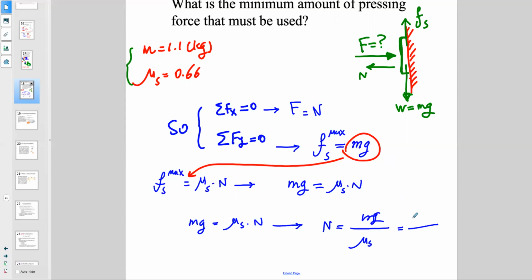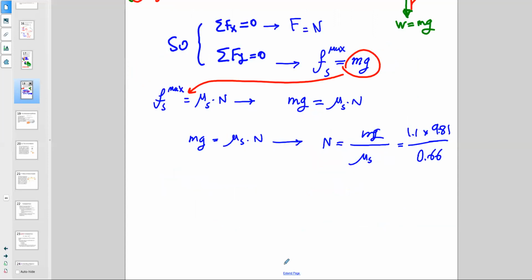M is 1.1 kilogram, times g, which is 9.81, over mu s, which is 0.66. Based on an easy calculation, I can find out what the value for n is.